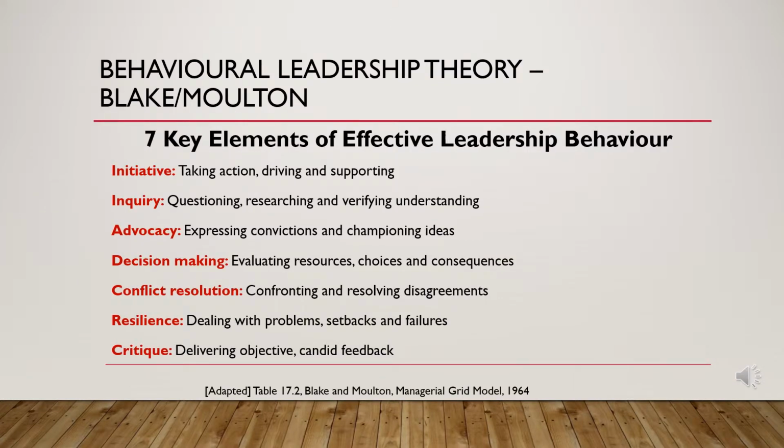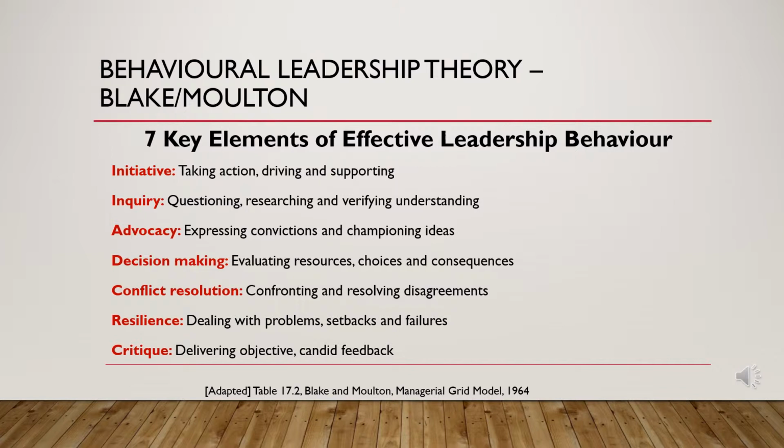Blake and Mouton also found that there were 7 key elements of effective leadership behavior. For instance, initiative behaviors was like taking action, driving, and supporting subordinates. Inquiry behaviors included questioning, researching, and verifying understanding of employees.